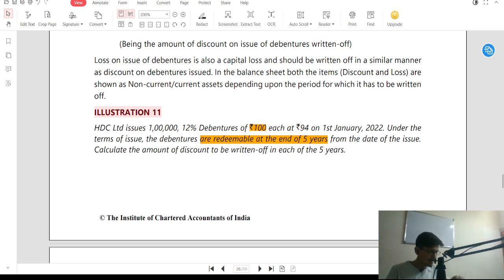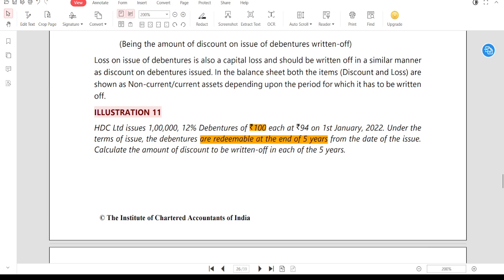Discount is 6 rupees, sir. Discount on issue of debenture.